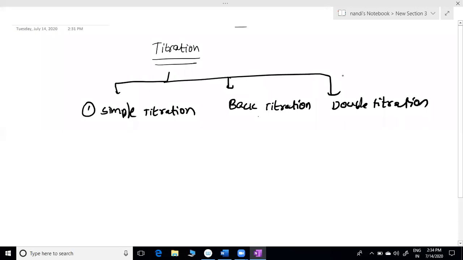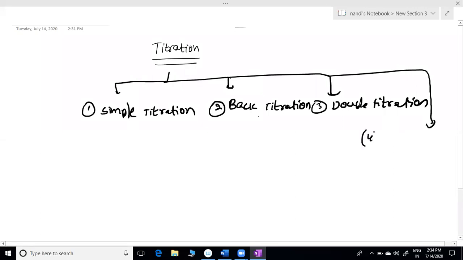And one more I'm going to write here. You can take 2, 3, 4 also, you can write. Redox titrations. Back titration, B-A-C-K, back titration.